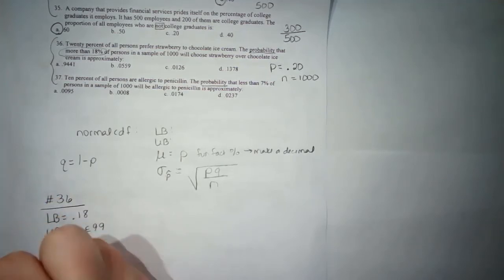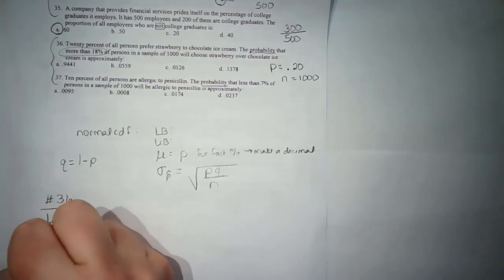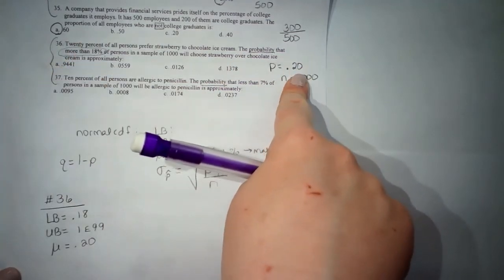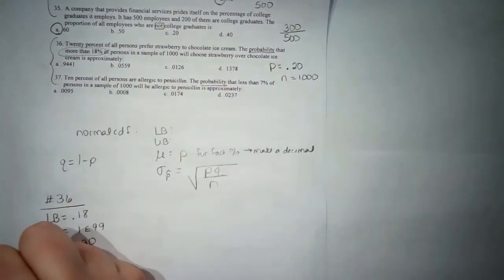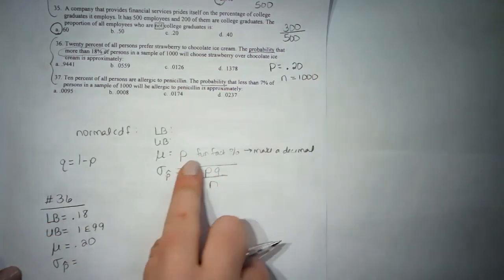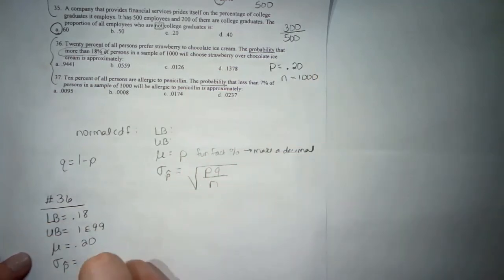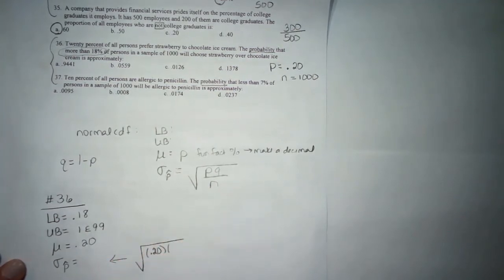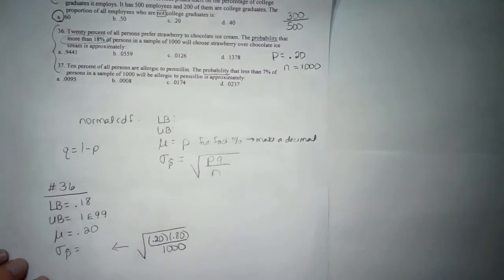Your mean is going to be what for that problem? 0.20, right? That was your P. Your P is your mean. And then your standard deviation, because they gave you an N, you have to calculate. So it's going to be the square root of 0.20 times Q. What's my Q? 0.8 divided by 1,000.